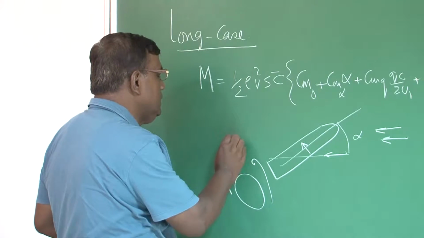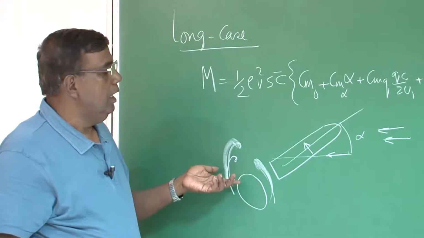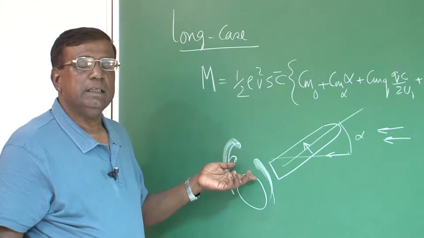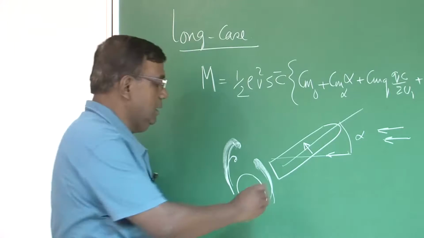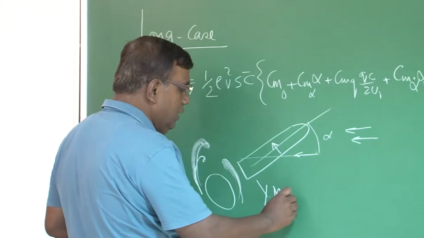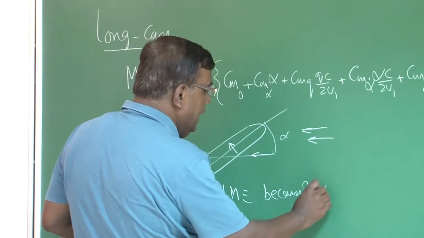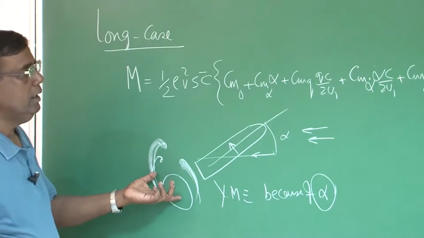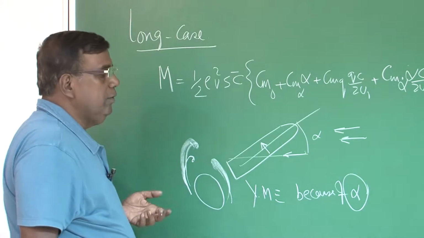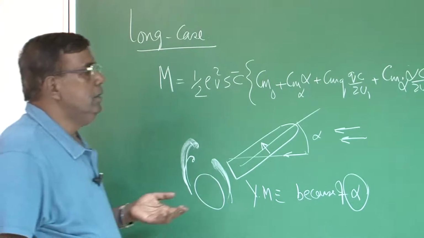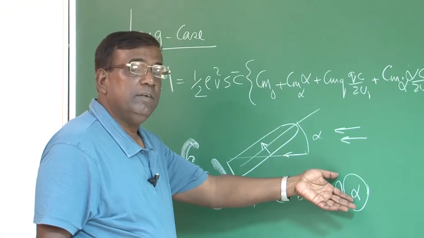One could be like this, one could be like this, and this will create a side force and which will again create a yawing moment. So, this yawing moment for high angle of attack is coming because of angle of attack, which is pretty high, right. So, when you will be modeling yawing moment, we have to see that for high performance aircraft, the yawing moment will become function of angle of attack.